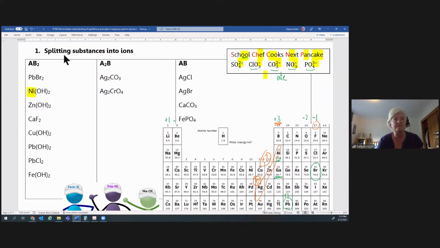If I have got silver, because silver comes up both with cyanide as well as over here with ammonia, so if I've got any silver compounds, I must think of complex ions. And you can see silver comes up a lot.